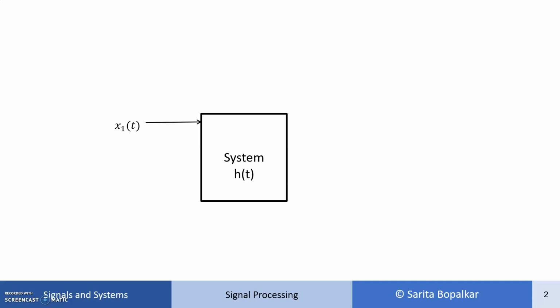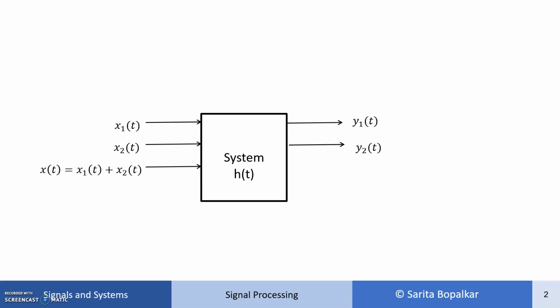The superposition principle is: if x1(t) is the input to the system, its output is y1(t), and if x2(t) is the input, its output is y2(t). Now I will add x1(t) and x2(t) as an input. According to the superposition principle, at the output I should get the summation of individual outputs, that is y1(t) plus y2(t).